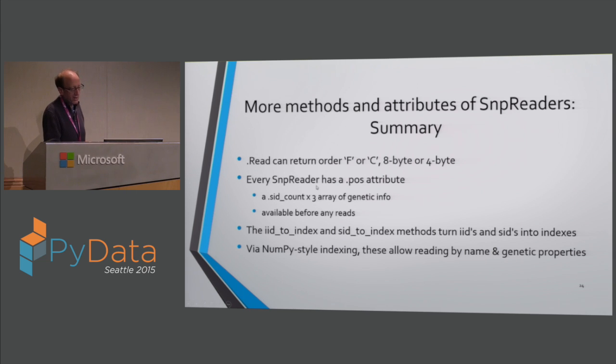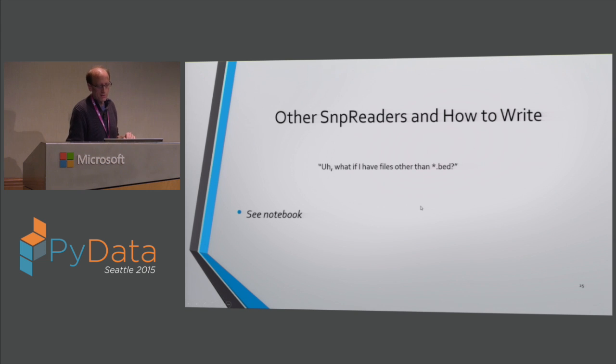It's available before we do any reads, and then we can use IID to index and SID to index to turn names into indexes. So that's basically as close as we come to pandas, where we can do things by name and by value to get the rows that we want and columns.